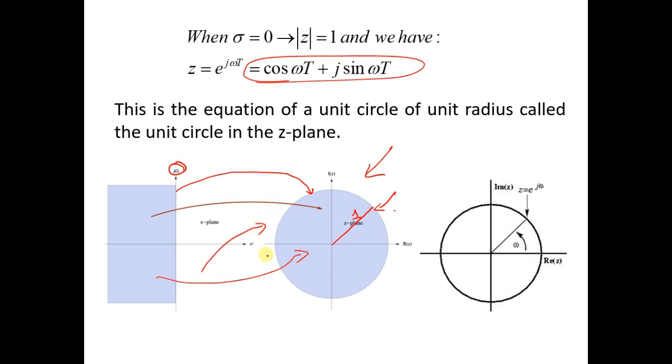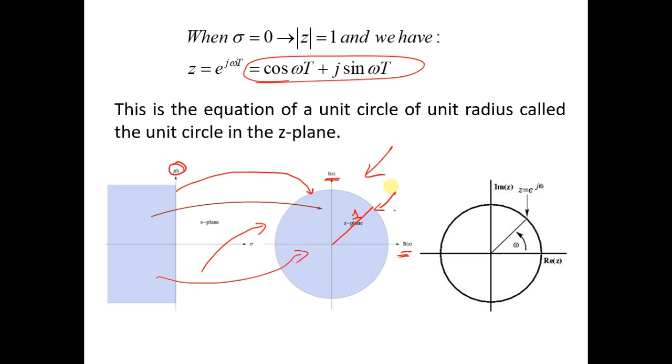So what we have is that this S plane is getting mapped into the Z plane, where on the unit circle we have the frequency axis. What are our X and Y axes? The X axis is real Z and the Y axis is imaginary Z, and frequency is on the unit circle.